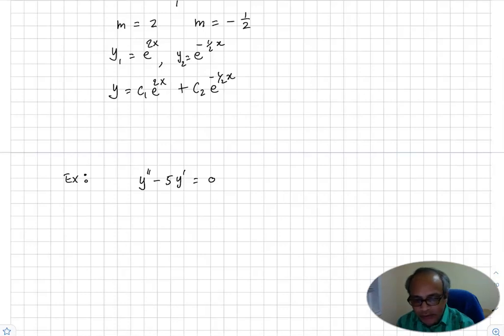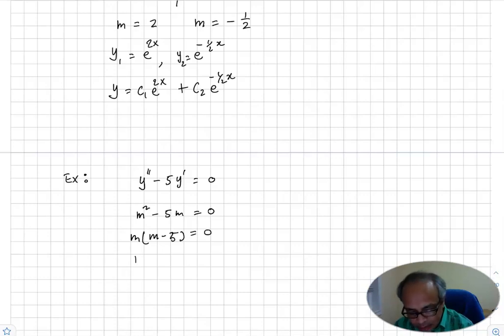Just two terms. So obviously you get the characteristic polynomial, and then you can write m times m minus 5 is 0. So m is 0, m is 5.